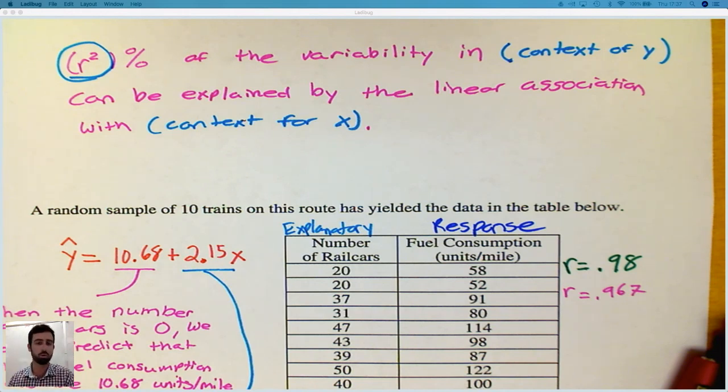The other 3.3% of the time is explained by something else. And maybe that's wind, maybe that's what's in the rail cars, maybe that's how hilly it is, anything like that. I guess not how hilly, because this is all one track, but it's something else that's explaining why we're getting a different fuel consumption than what we would see.